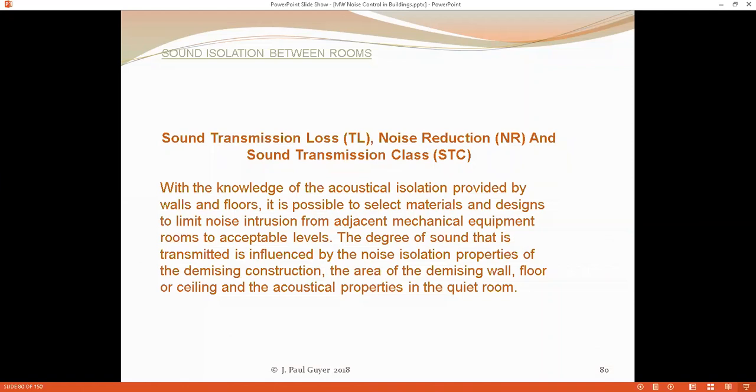Double stud walls are a further enhancement, better than the staggered stud walls, because in the staggered stud walls, the plate and the cap on the wall are the same piece of wood that the studs are attached to. But if you use a double stud wall, then you have the studs on one side on one cap and plate, and on a different cap and plate with the other studs.